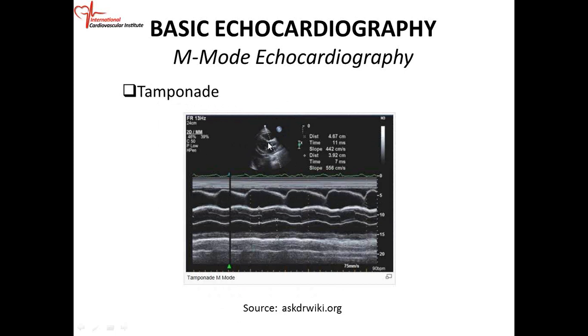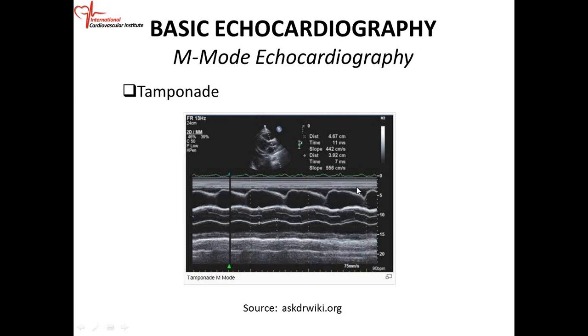So let's look again. The cursor is coming down here. The first thing is the chest wall. The chest wall gets a series of straight lines because there's not much motion.